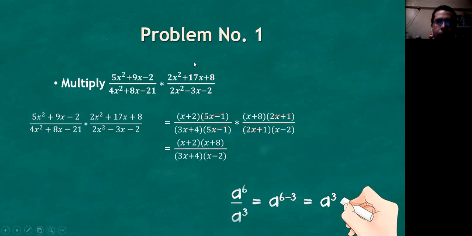Since in simplifying rational expressions we do not need grouping symbols, we simplify these expressions by multiplying the terms using the FOIL method. So the answer for this problem is x squared plus 10x plus 16 over 3x squared minus 2x minus 2. This is the answer for our first problem.